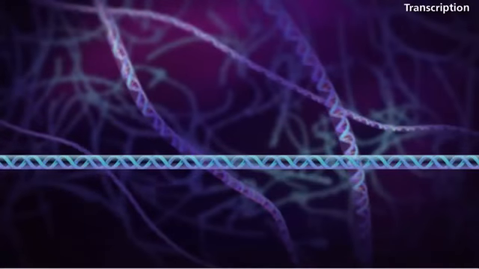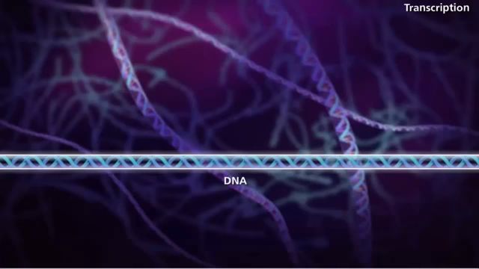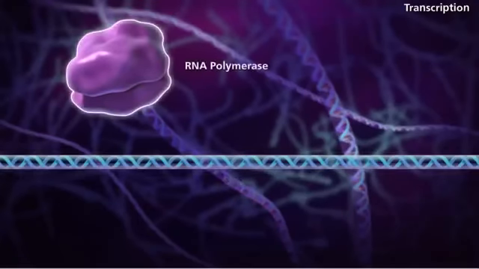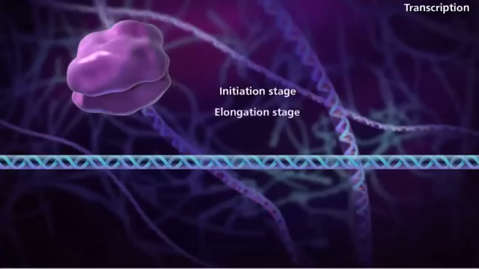During transcription, the DNA in the gene is used as a template to make a messenger RNA strand with the help of the enzyme RNA polymerase. This process occurs in three stages: initiation, elongation, and termination.